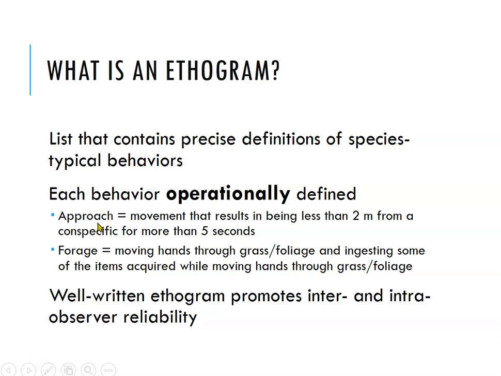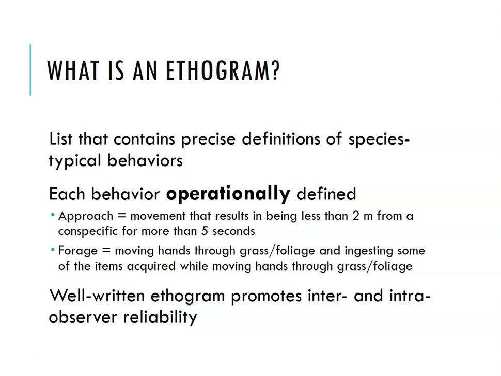A chase would be movement that results in being less than 2 meters from a conspecific for less than 1 second, because that other conspecific would be moving away. So you can see that both of those behaviors are very similar, approaching versus chasing, but operationally you're defining what each one is.